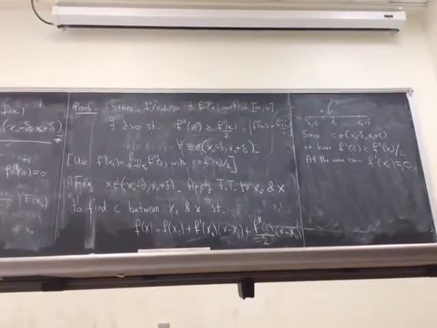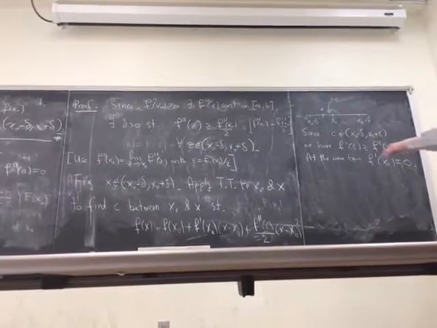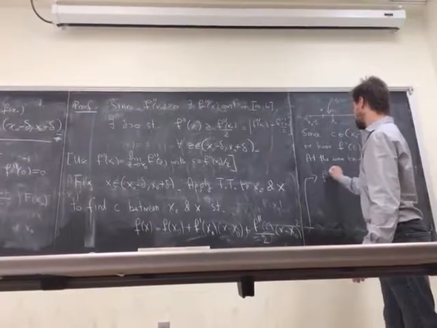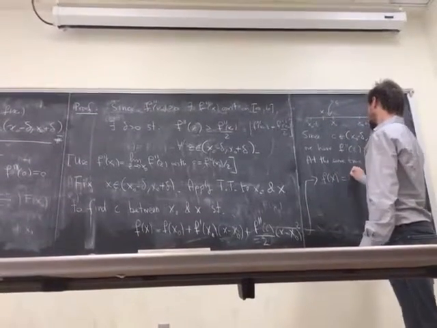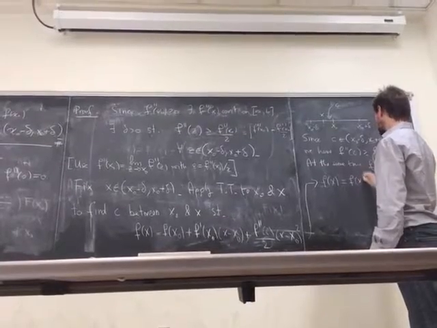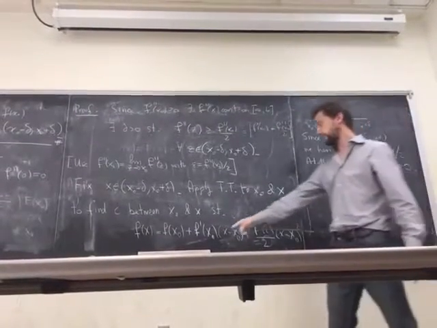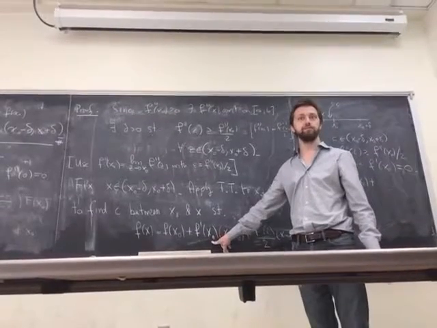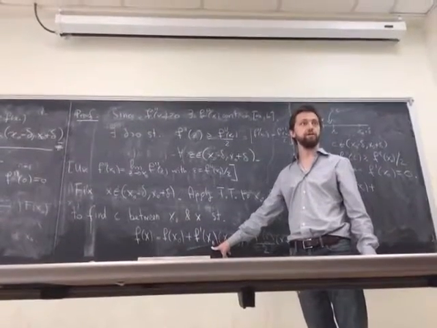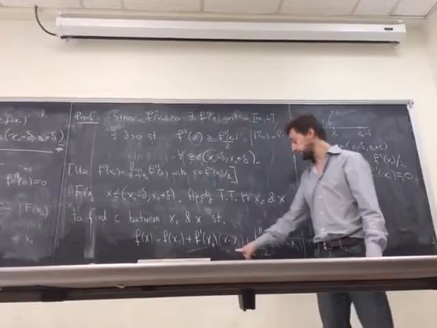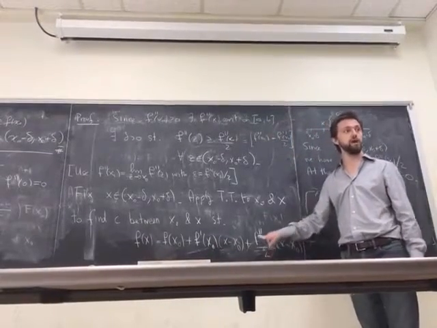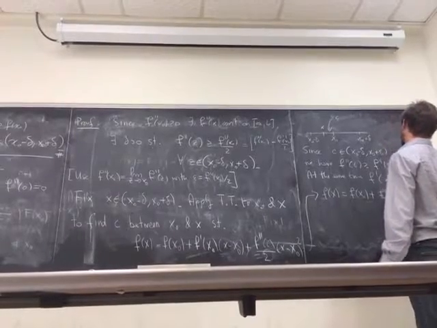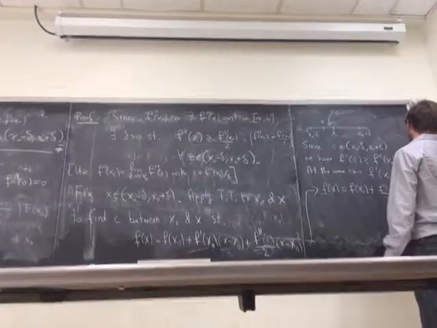So when I take the conclusion of Taylor's theorem, this implies that f of x is equal to f of x naught plus, well, the term with f prime of x naught is 0, right? I don't need to write it down. It just disappears because f prime of x naught is equal to 0. Then I just skip to the second order term where I have this f second of C over 2 times x minus x naught squared.